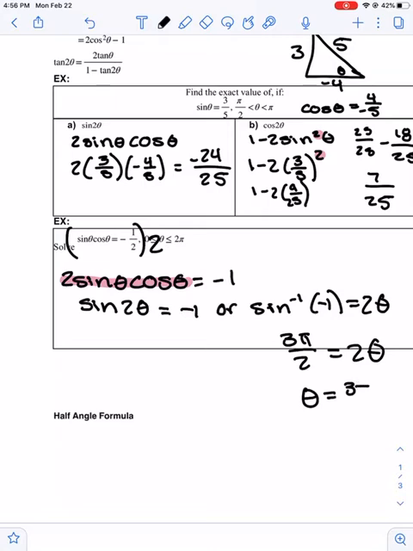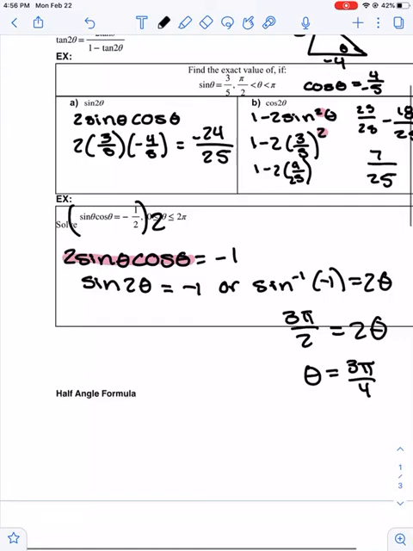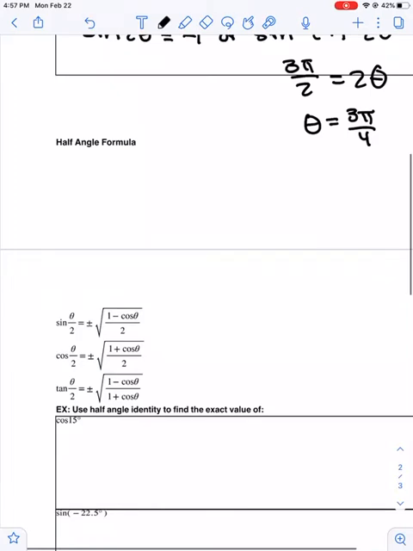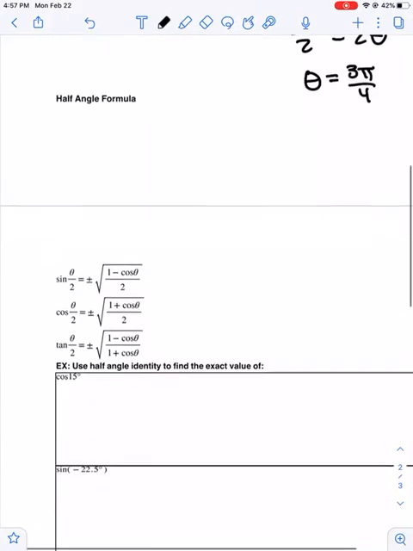So I end up with theta equals 3 pi over 4. And this is in between 0 and 2 pi, so we don't have to create a recurring formula.